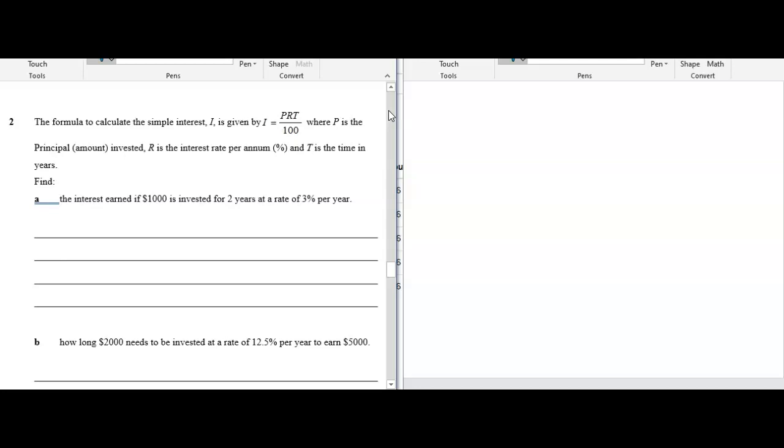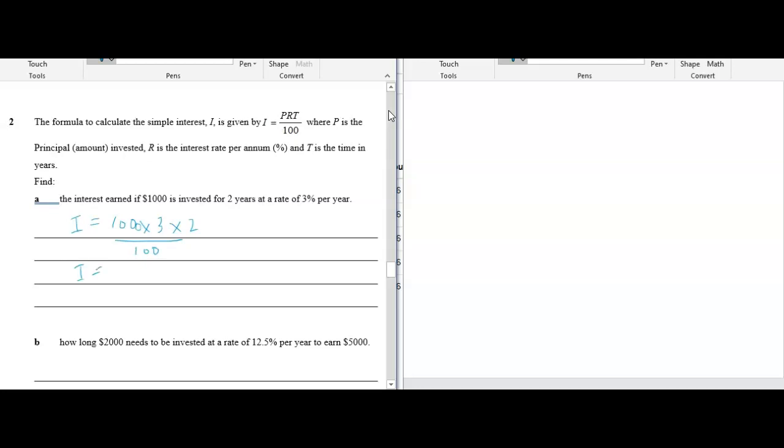So we're finding I, we're just substituting in here. P is the principal amount, which is 1,000. R is the interest rate per annum, so in this case, is 3. And T is the time in years, so it's invested for 2 years over 100.